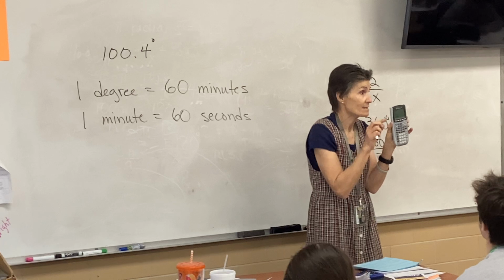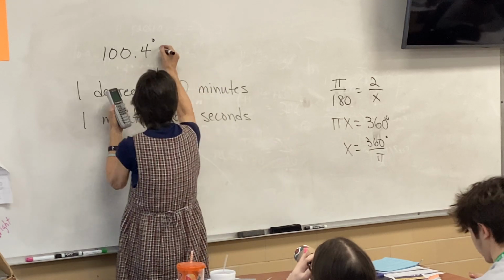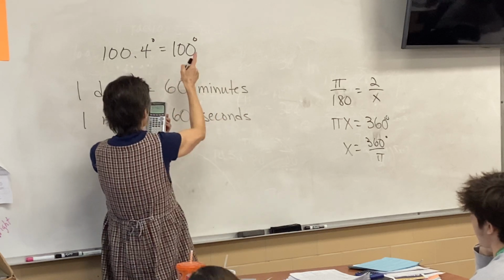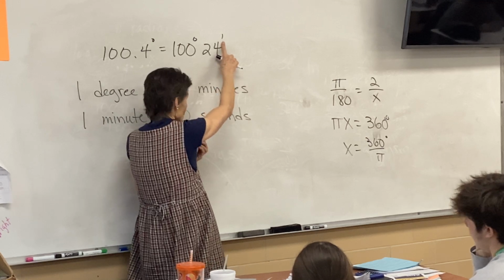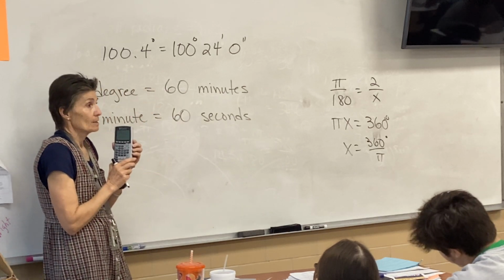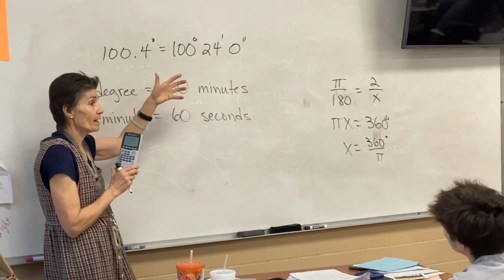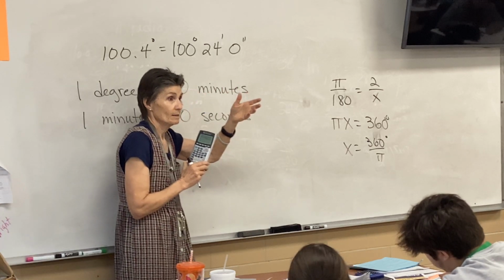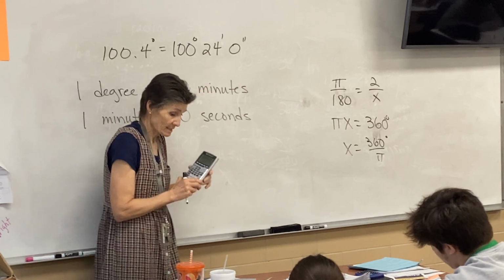Degrees, minutes, seconds. So you just press enter, and it tells you that 100.4 degrees is 100 whole degrees, which you knew, 24 minutes, that's the minute notation, and 0 seconds. Just again, another way of saying partial degrees. We can use a decimal, that's called a decimal degree, or we can do minutes and seconds.